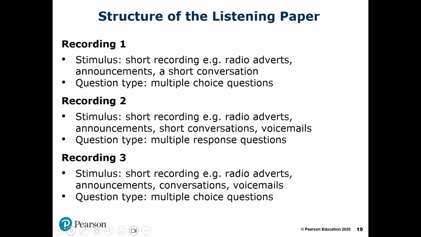So multiple choice where you choose 1 answer out of 4, but a multiple response question where students will tick a certain number of boxes out of a range of boxes. So again, we're picking up a little bit more demand in recording 2. And recording 3 could be a short recording, radio adverts, announcements, conversations, voicemails, etc. And here we're going back to multiple choice questions.